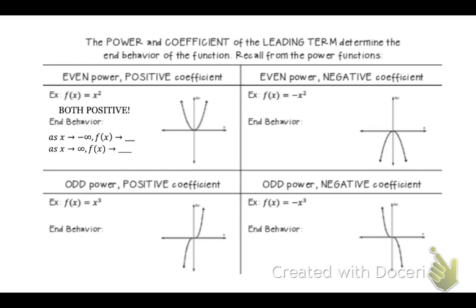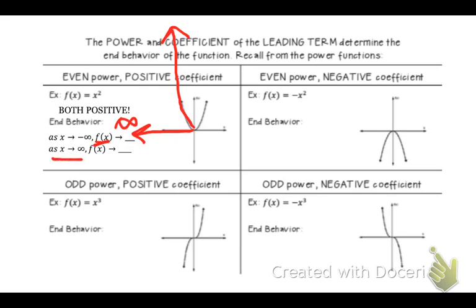This is saying as x goes to negative infinity, so as my x values are getting smaller and smaller, what is my f of x, the output to my x values, kind of like your y values, doing? Those y values are getting bigger and bigger, so this is going to be infinity.